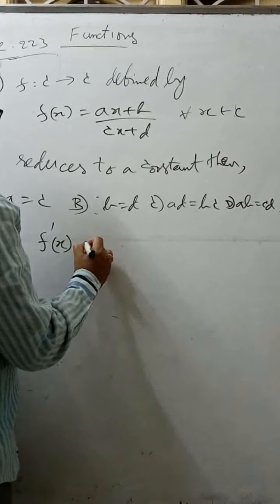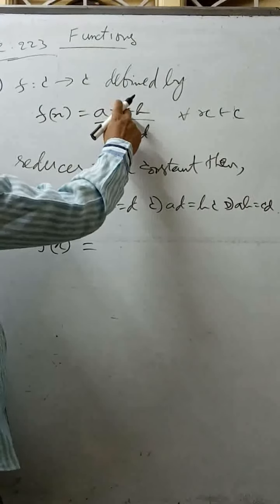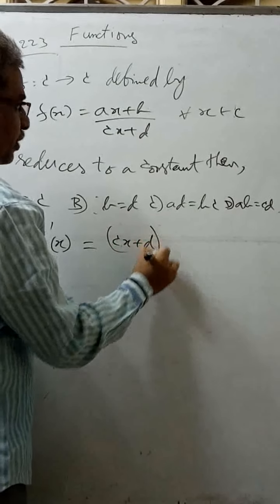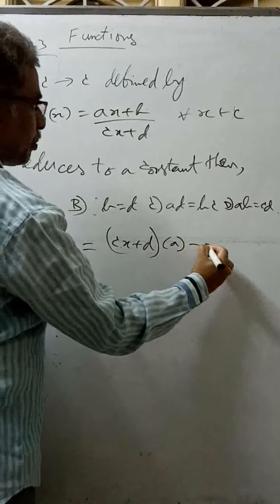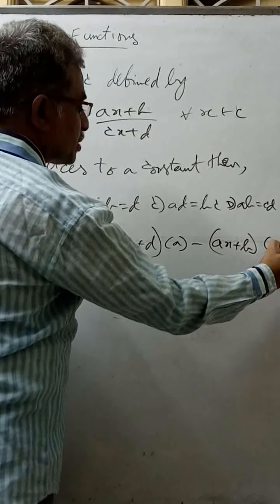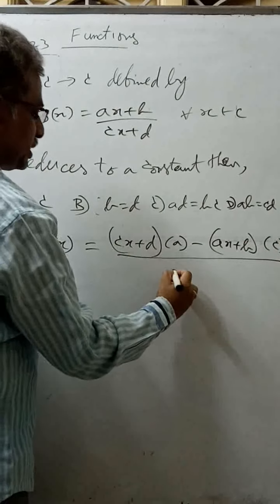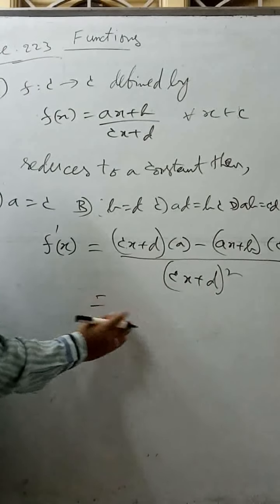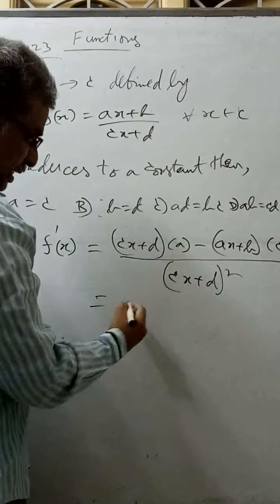f dash x means derivative by the u by v rule. So cx plus d into the derivative of ax plus b, which is a, minus ax plus b into the derivative of cx plus d, which is c, by cx plus d whole square. So acx gets cancelled.